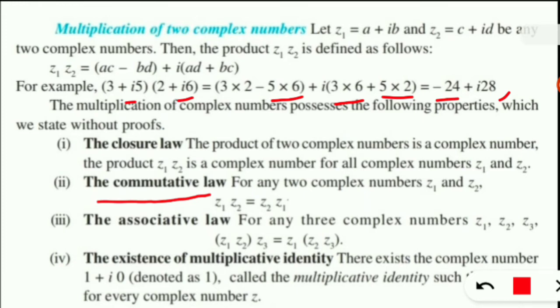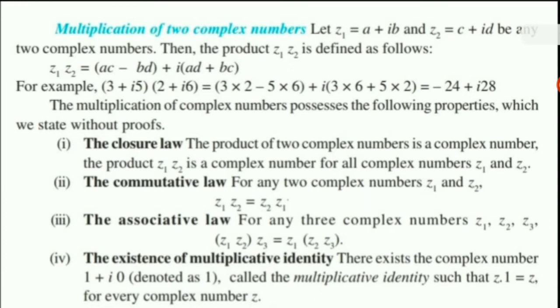the existence of multiplicative identity. There exists the complex number 1 plus i into 0, denoted as 1, because 1 equals 1 plus i into 0, called the multiplicative identity, such that z into 1 equals z for every complex number z.